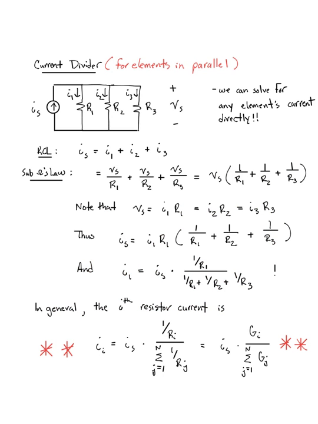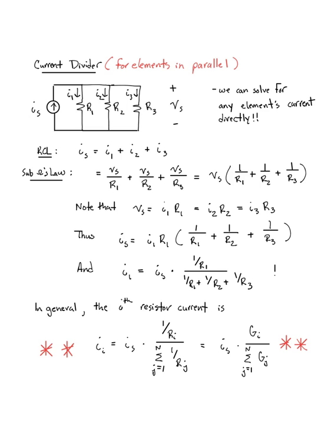Okay, so the next technique is called a current divider, and this occurs when elements are in parallel. What's interesting about this circuit is not only that the voltage across every element is the same. This is powerful to know, but because they're in parallel, the current is going to be split into N paths.